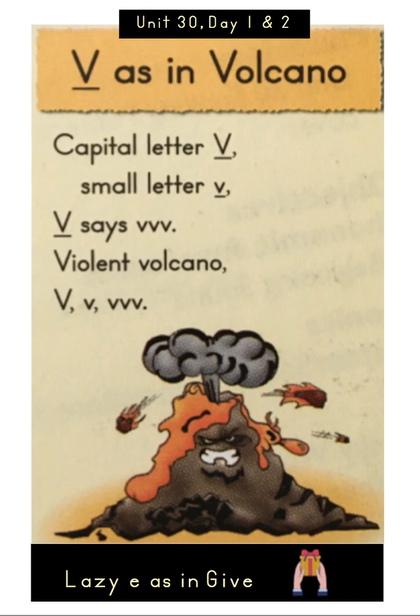Lazy E doesn't even do that. Lazy E just sits there. For example, when you look at the word give, do you hear the E? Give. Mm-mm. And is it making the I say its own name? Nope. So lazy E as in give. That's another sound we're going to be working on this week.